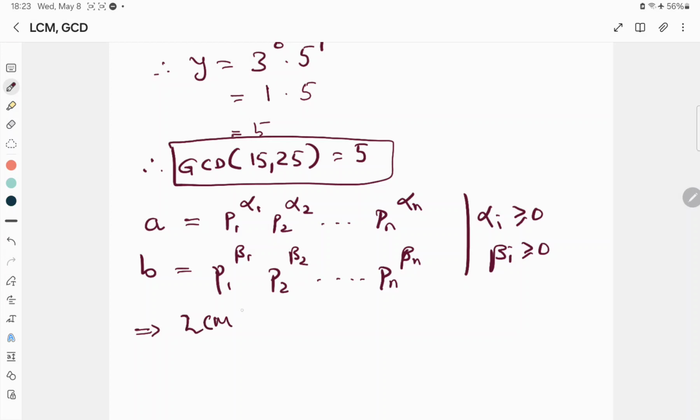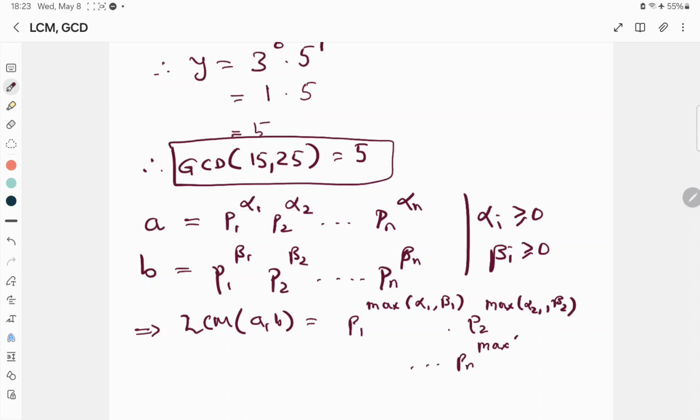So then LCM of a and b is equal to p1 to the power max of alpha 1, beta 1, times p2 to the power max of alpha 2, beta 2, and so on, pn to the power max of alpha n, beta n.